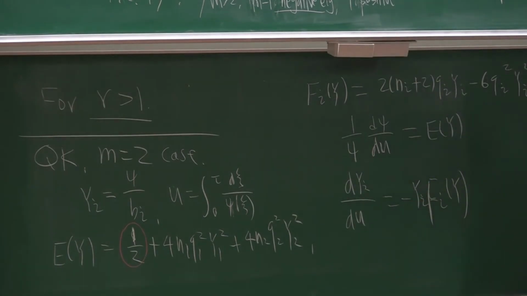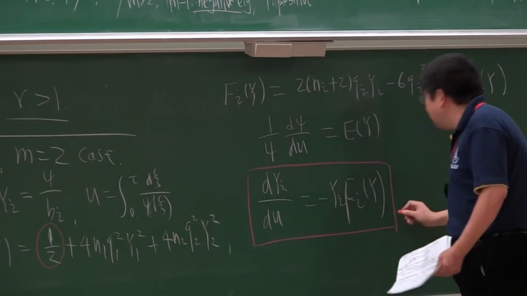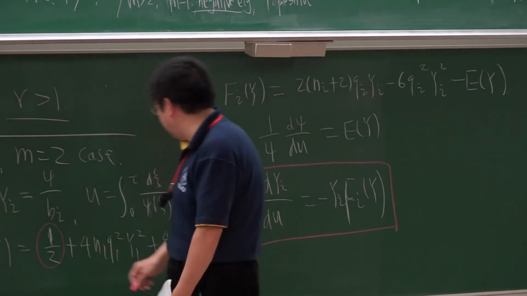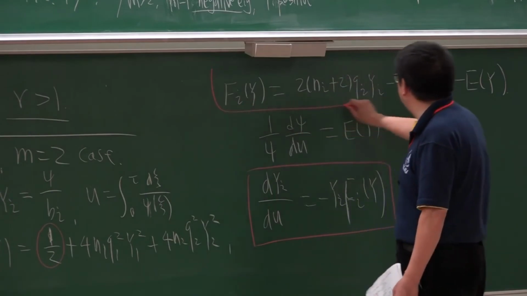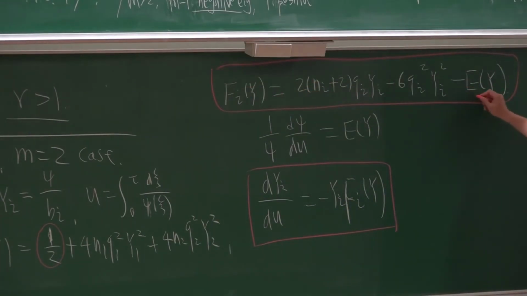Okay, so if you look at this equation, the structure is very similar to the one over there, except here. Now in this one, you have a minus one half in it. That's the key thing.